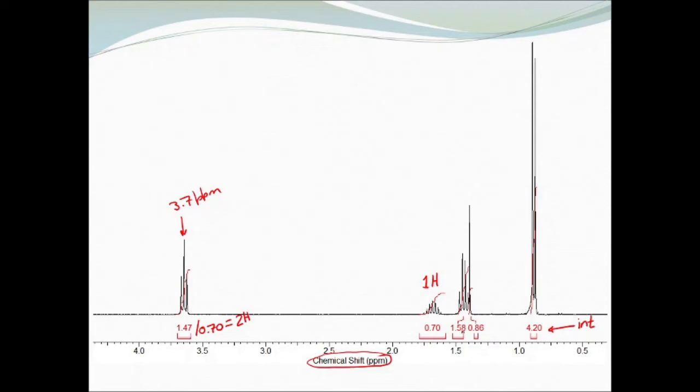Then we have this quartet, 1.58. Again, divide by 0.7. Get a value slightly greater than 2, but it's close enough that we can simply round it to 2 hydrogens, 1 hydrogen, and 4.2 divided by 0.7 is 6 hydrogens. And so we now have a hydrogen count for each of these peaks.